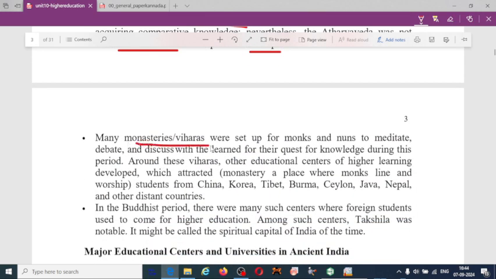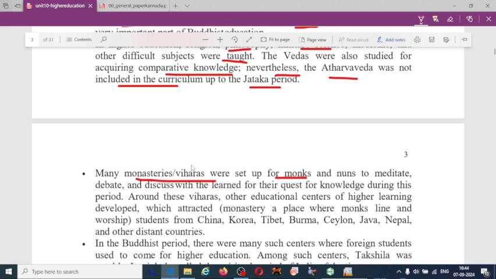Many monasteries or viharas were set up for monks, like our gurukulas. In the Buddhist era, they were called monasteries or viharas, set up for monks and nuns to meditate. Teachers and students could meditate, debate, and discuss with the learned in their quest for knowledge during this period.